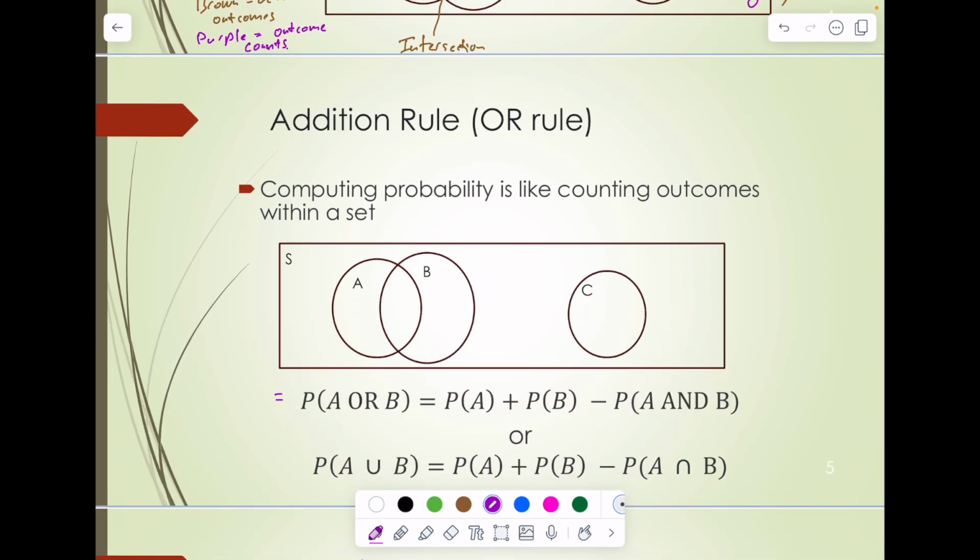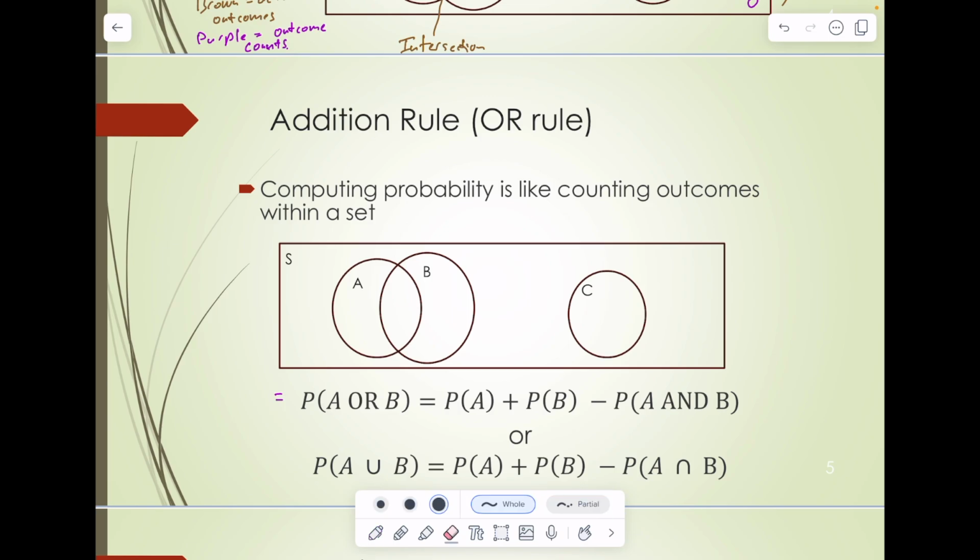Okay, so let's use our new tool, the Venn diagram, to understand what's called the addition rule. So the Venn diagram is a depiction of the outcomes and how they intersect with other events.